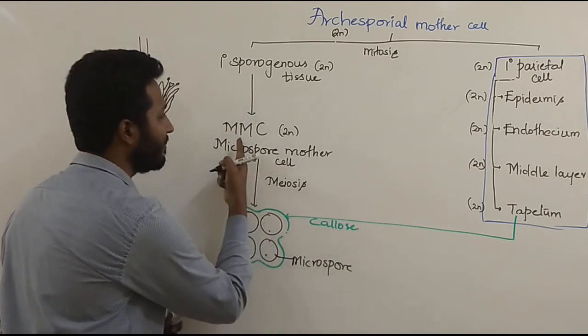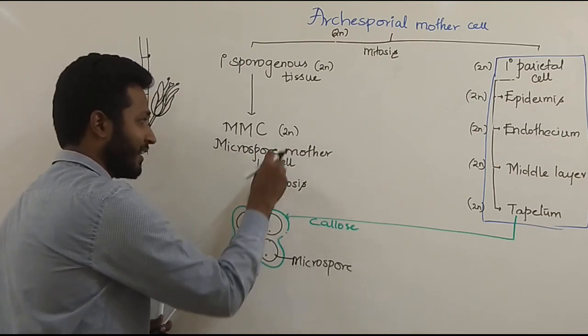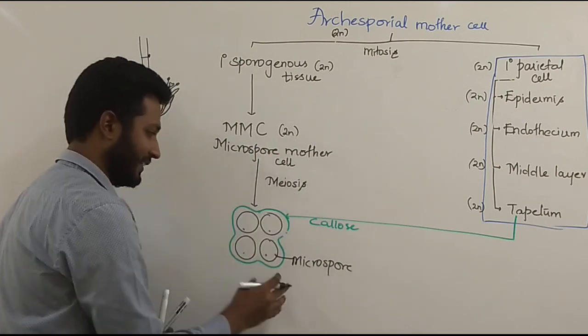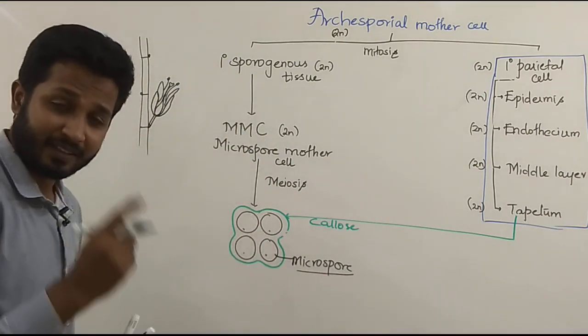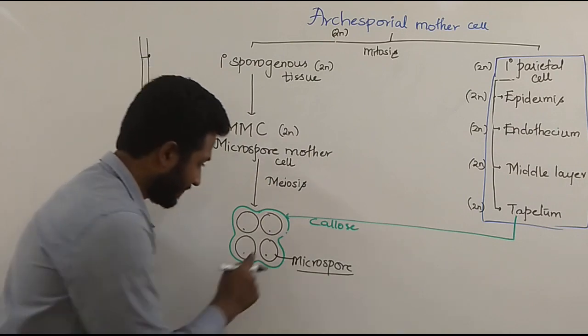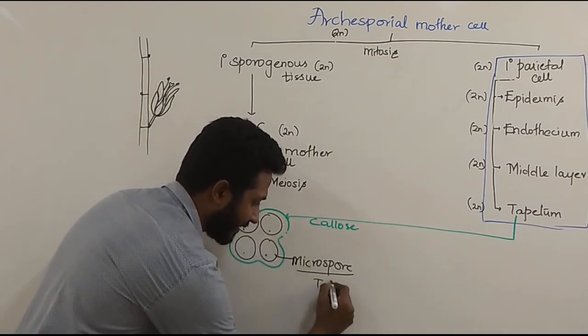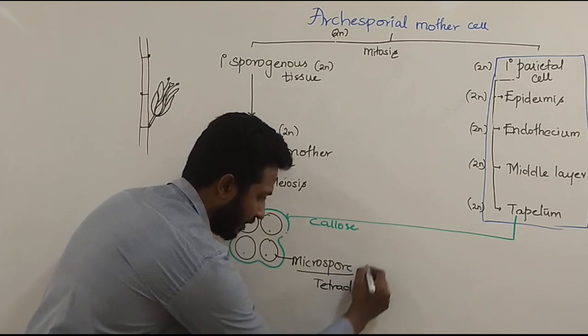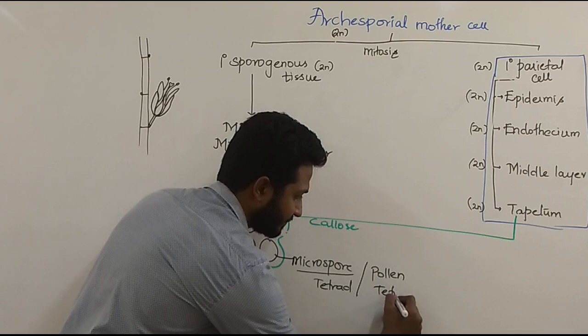Because they develop from the microspore mother cell. One mother cell gave rise to daughter cells, and these daughter cells are known as microspores. Since they are held together, we call it a microspore tetrad or pollen tetrad.